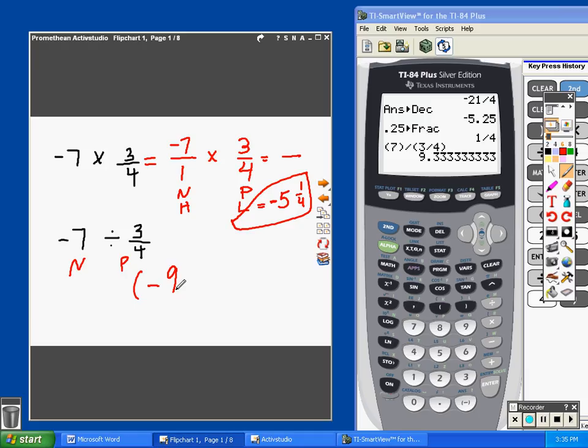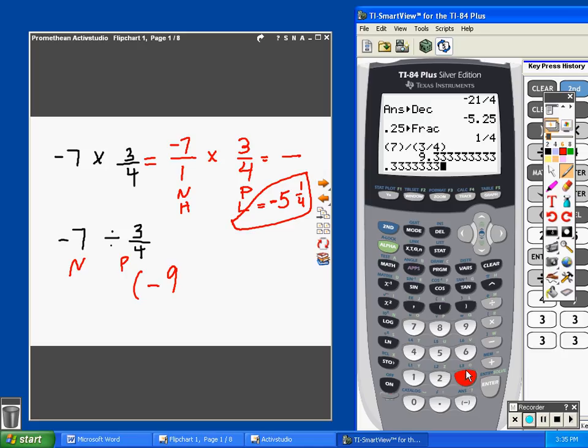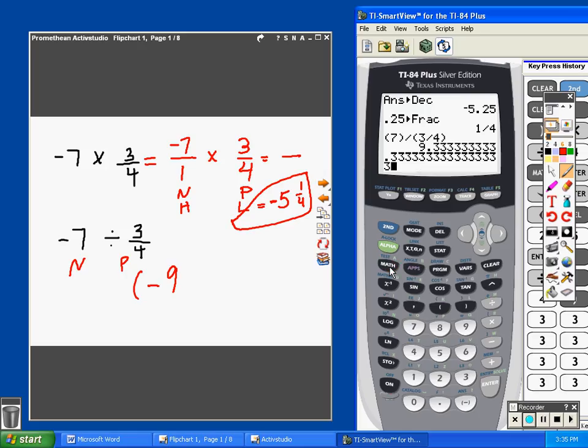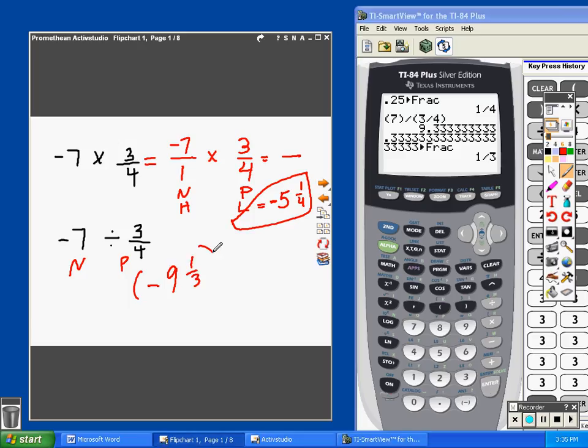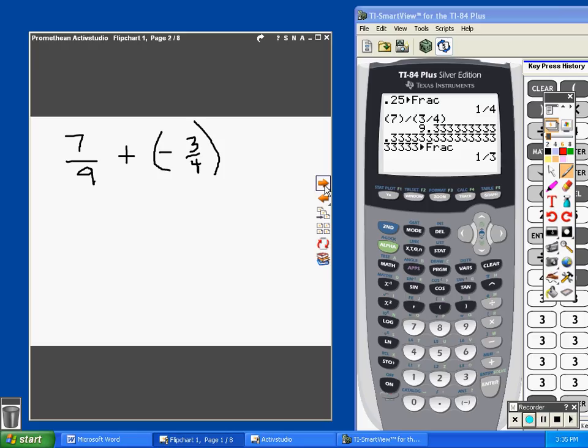And then to find out, well, 0.333 is 1/3, but just to check, we're going to go math, and then to fraction. Enter. 1/3. So your answer is -9 and 1/3. Alright, next one. Go ahead and do it.